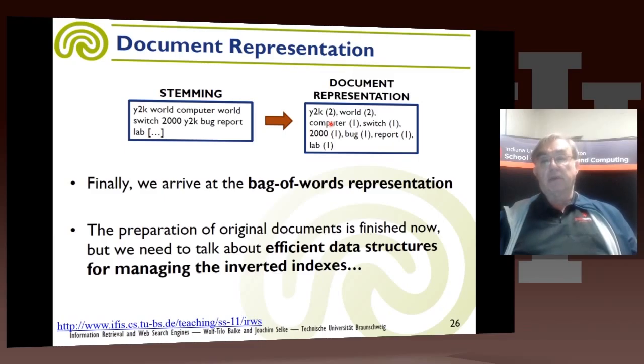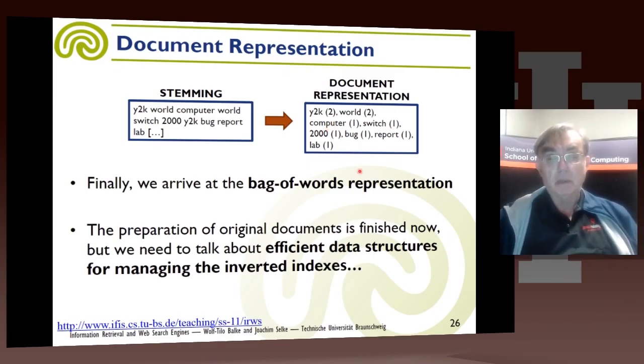Or else you want to do it a little more cleverly with TF, IDF. But TF and IDF can be done later on because they can be calculated from a data set which has this raw information. So we already mentioned that we want to form a so-called inverted index, and now we need to discuss that.